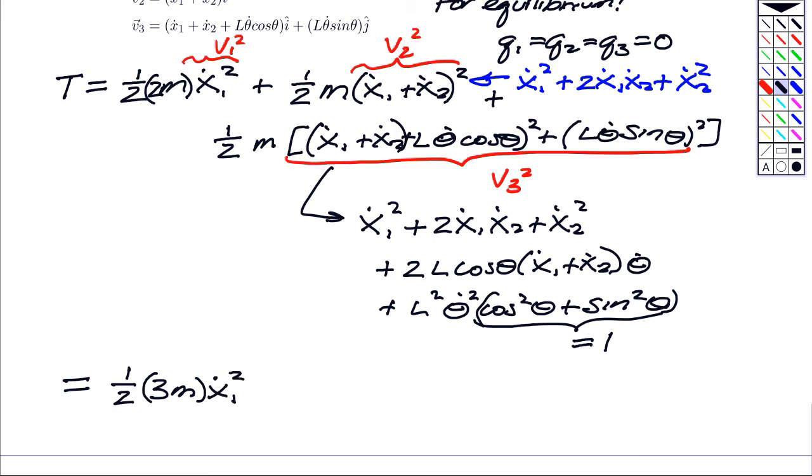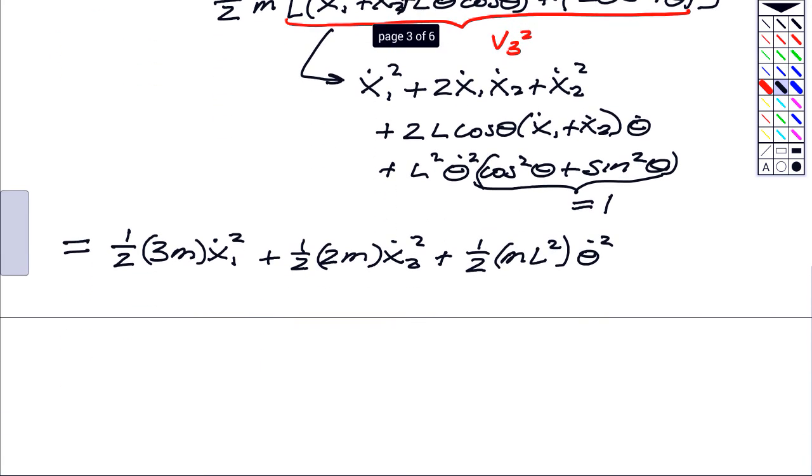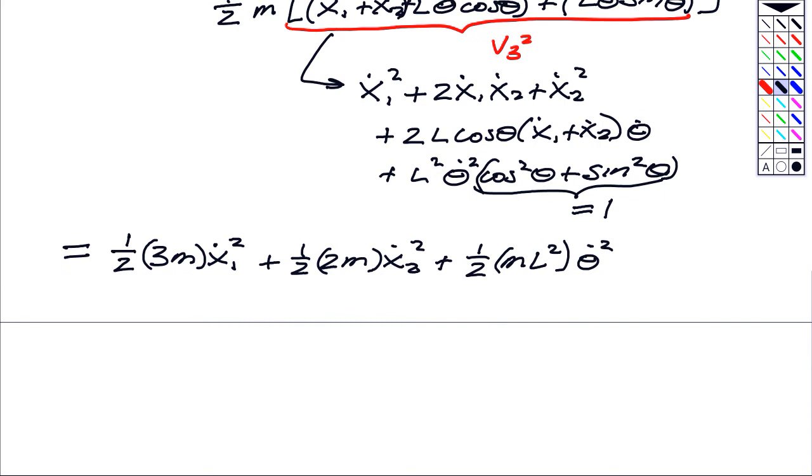What is appearing in front of x2 dot squared is going to be a 2m. What is appearing in front of theta dot squared is 1/2 m L squared theta dot squared. What is appearing in front of the cross term of x1 dot x2 dot is 1/2 of 4m x1 dot x2 dot.